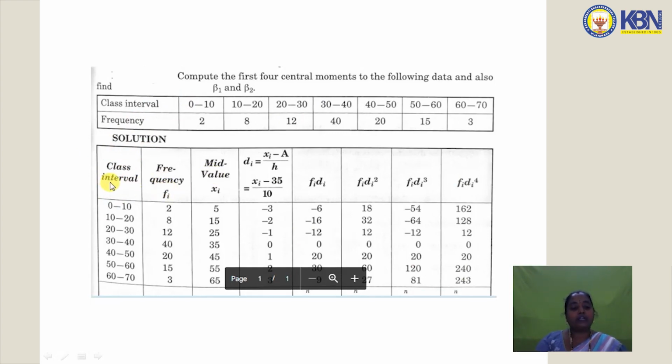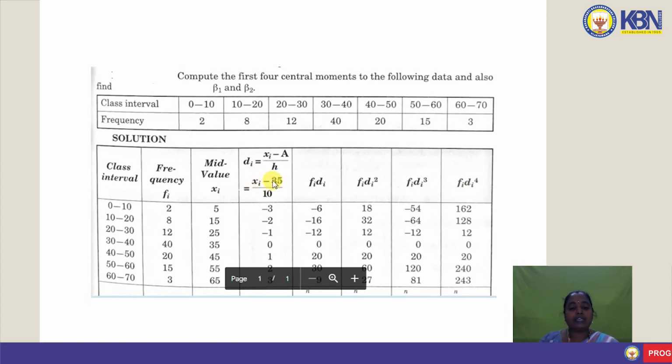We convert the class intervals into mid values denoted by xi using the formula (lower limit plus upper limit) by 2. After finding the mid values, we find the next column, deviations. Deviations means the observed value, the given mid value, minus an assumed value. Here I will take 35 as the assumed value, and h is the height of the class intervals.